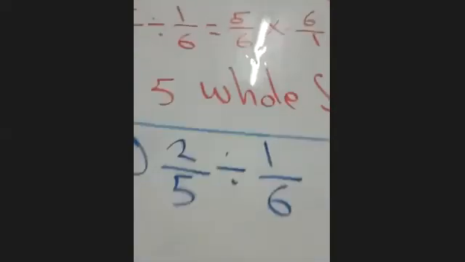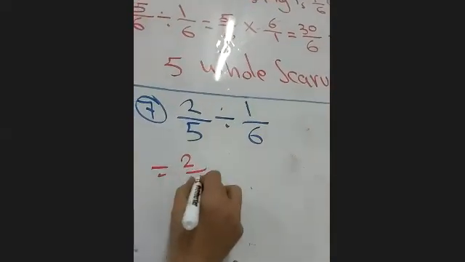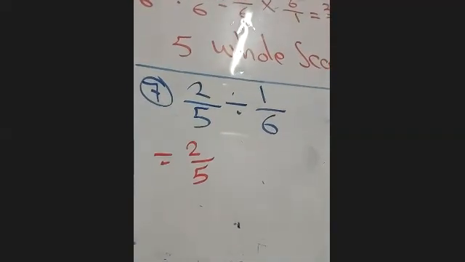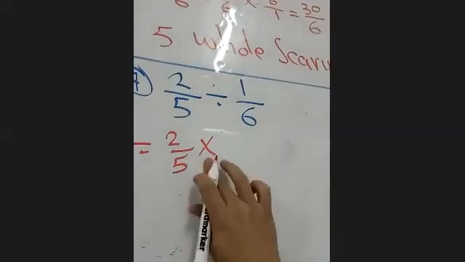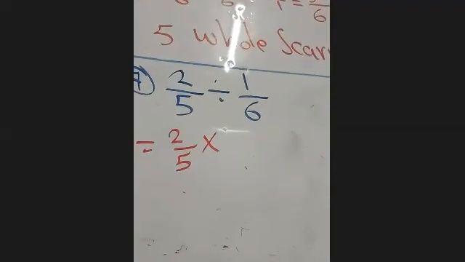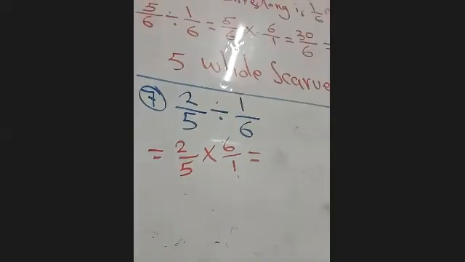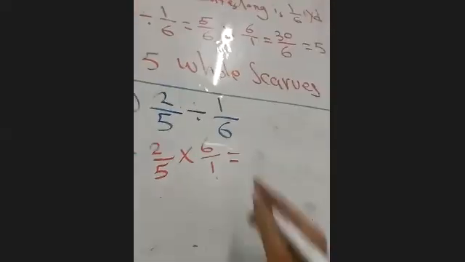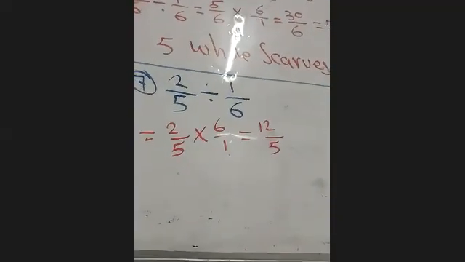First, we put the 2/5 in the same place. Then, change the divide into multiply. Then, 6/1. Then, equals 12/5.